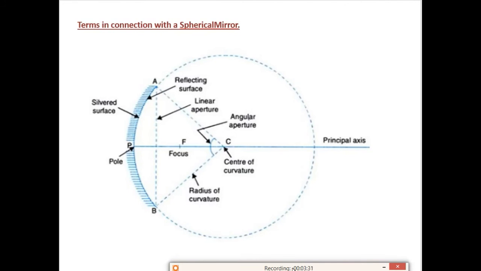As per definition, the pole is the center or middle point of the spherical mirror. This is P, this is the pole, the middle point of the spherical mirror, and it is represented by P.